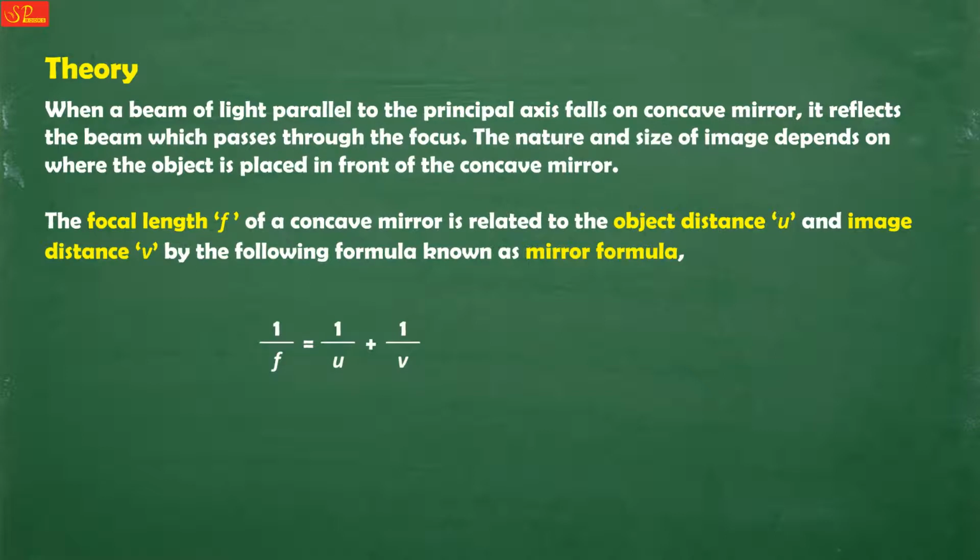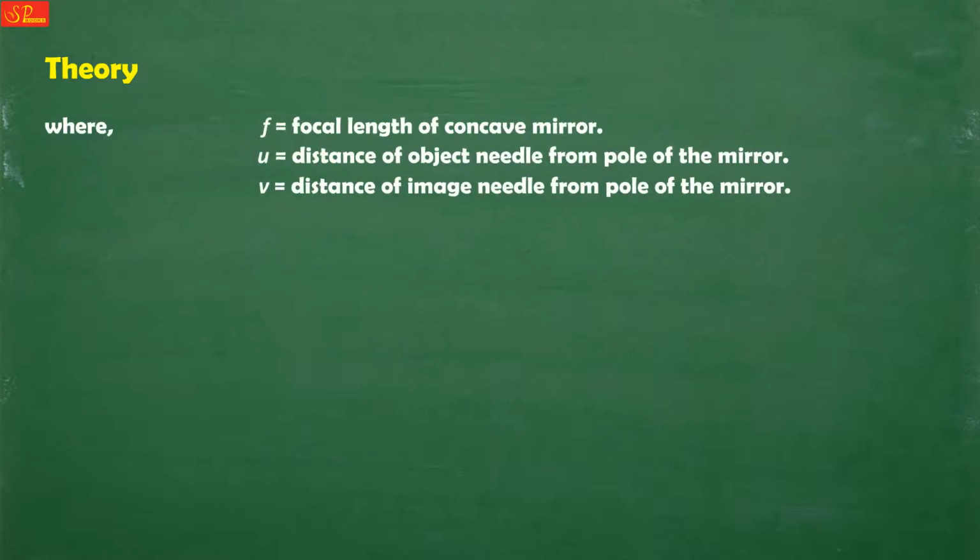1 by f equal to 1 by u plus 1 by v, or 1 by f equal to v plus u by uv, or f equal to uv by u plus v, where f is the focal length of the concave mirror, u is the distance of the object needle from the pole of the mirror, and v is the distance of the image needle from the pole of the mirror.